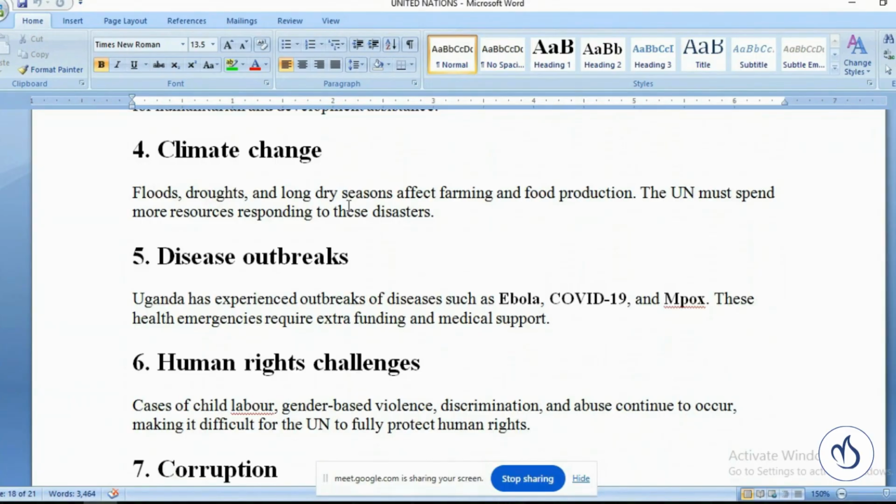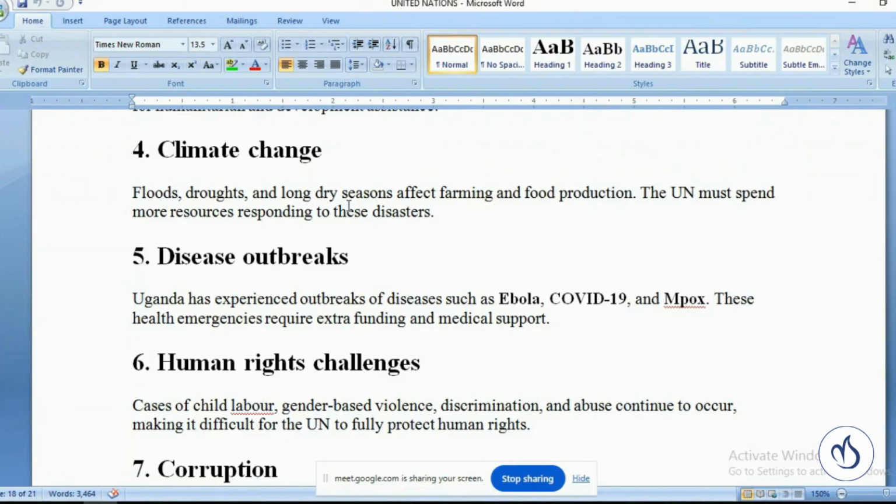Disease outbreaks are also a problem being faced by the UN in our country. I think these days you hear of what we call Ebola. Uganda has experienced outbreaks of diseases such as Ebola, COVID-19, Mpox. These health emergencies require extra funding and medical support.